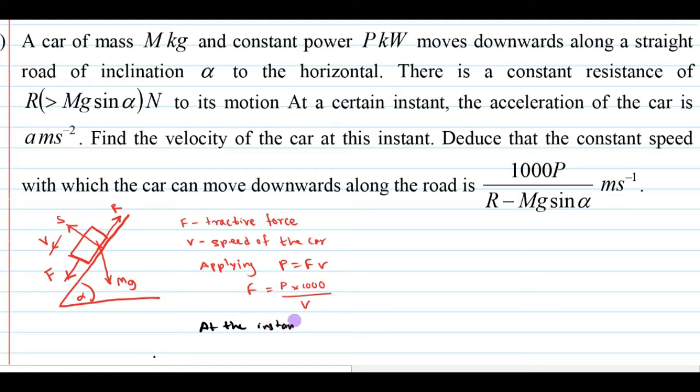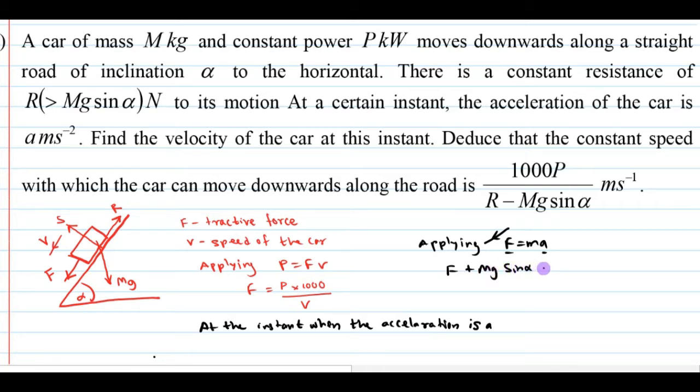At the instant when the acceleration is a, applying F equals ma downwards along the road. F plus mg sin alpha minus R is equal to ma. 1000 P divided by V plus mg sin alpha minus R is equal to ma.